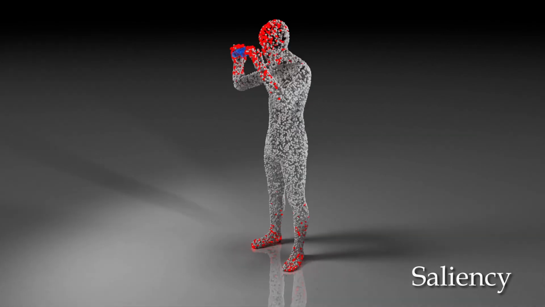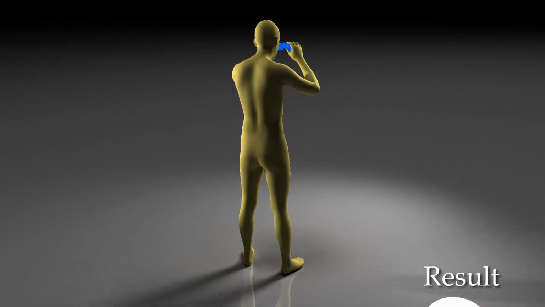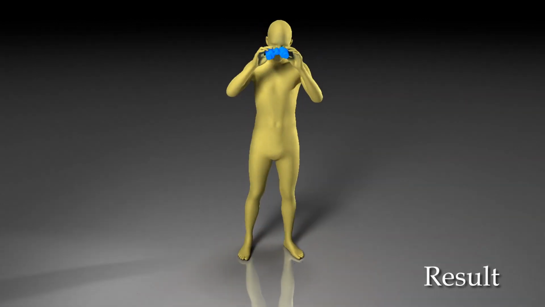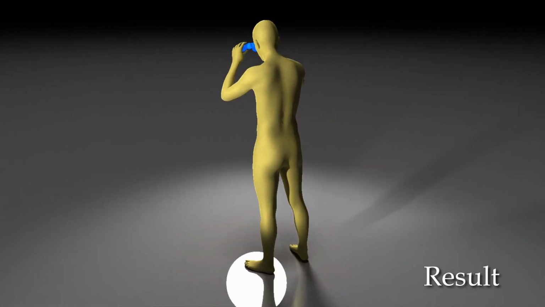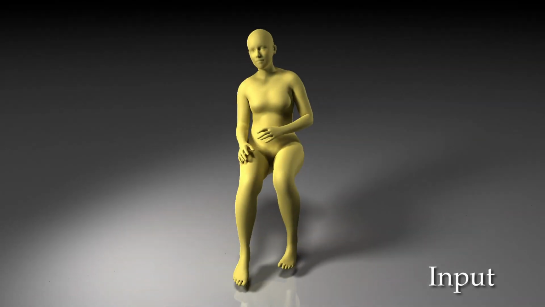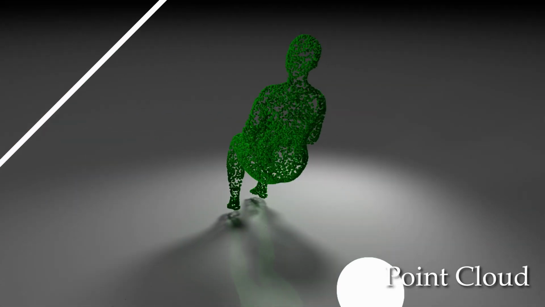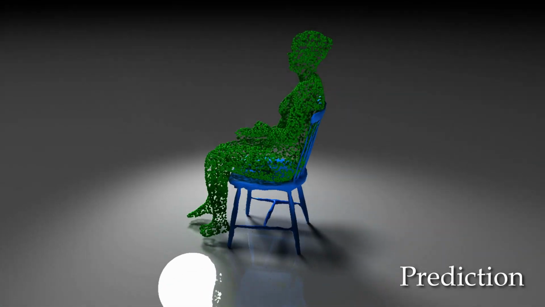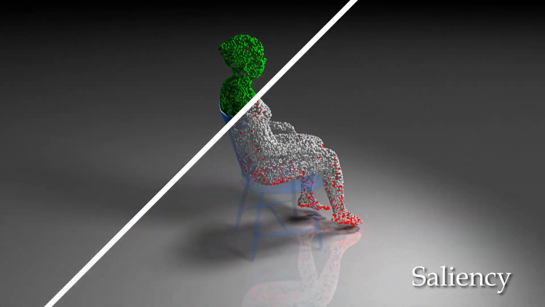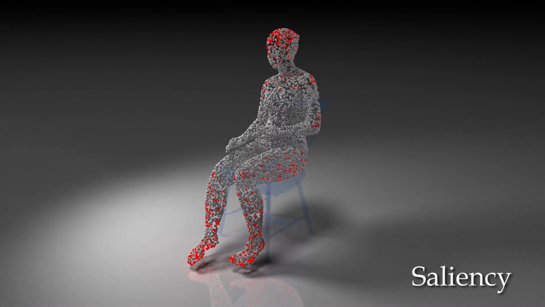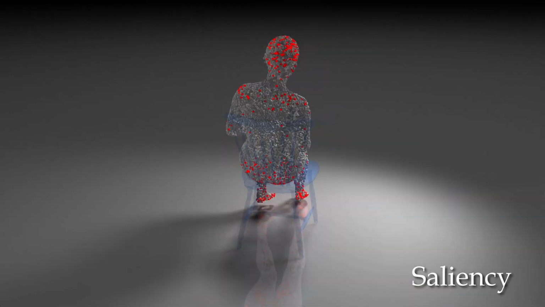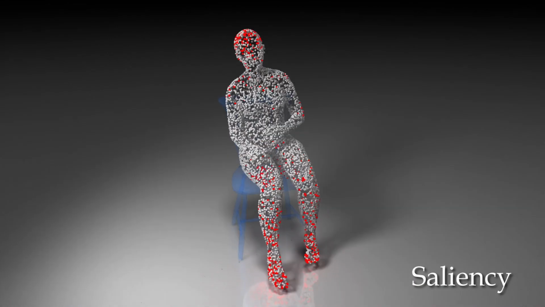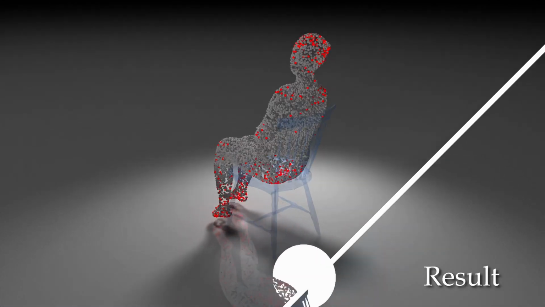As expected, the interaction region is always essential to infer object position. Feet also play an important role. They provide insights into the pose and orientation of the human, coupled with the head region.